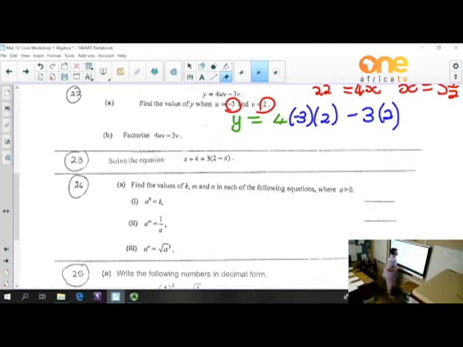So I substitute those values in there. Now you can just press your calculator. My answer is negative 30. Just do it on the calculator there. But you have to substitute in brackets.